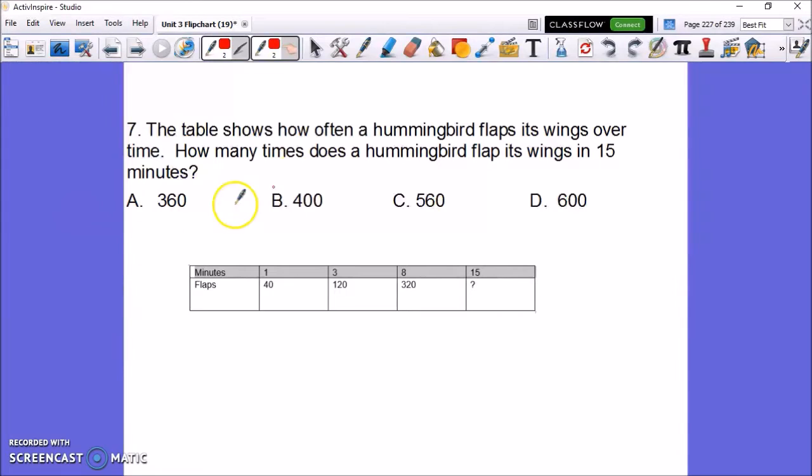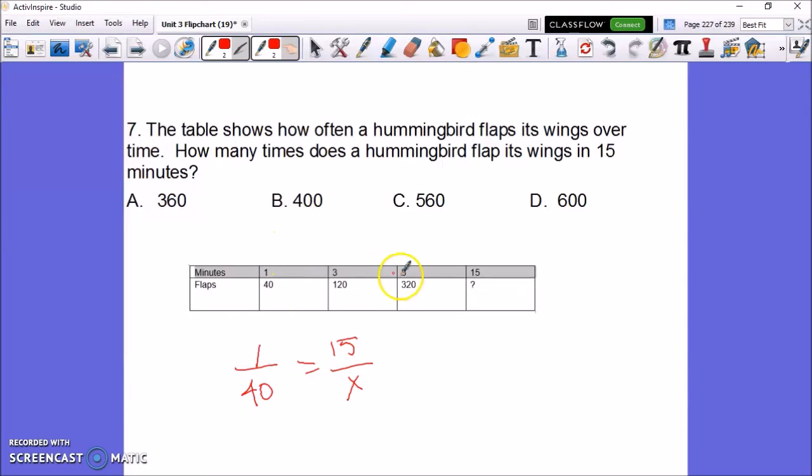Number 7, the table shows how often a hummingbird flaps its wings over time. How many times does a hummingbird flap its wings in 15 minutes? You could set up a proportional relationship, which would be, we know that it's 1 to 40 in minutes, and 15 minutes, and we don't know.